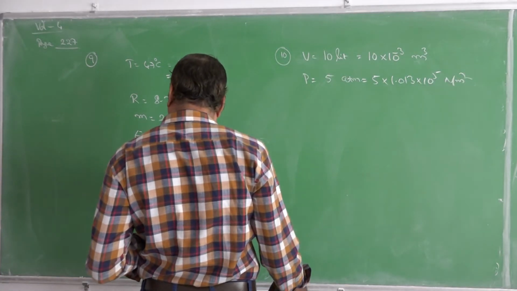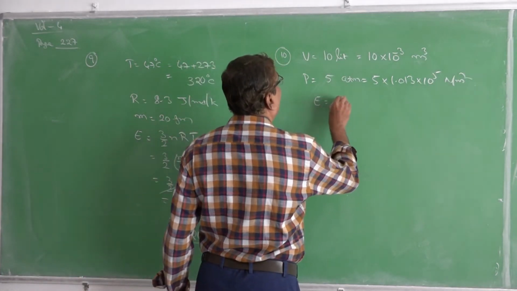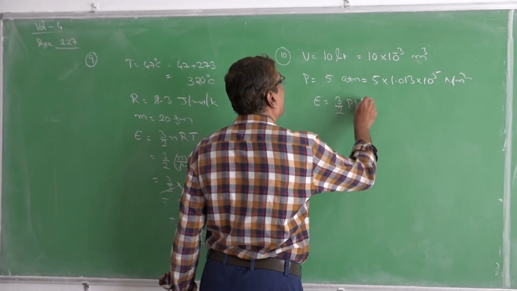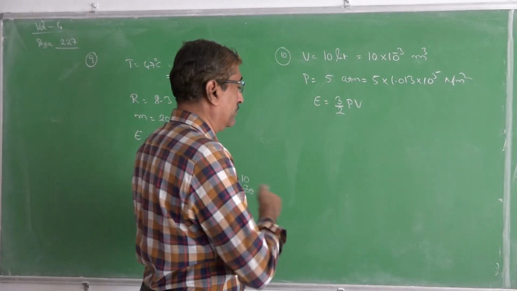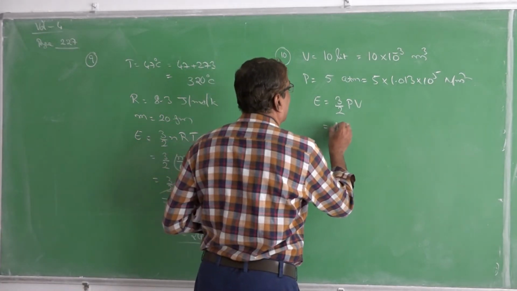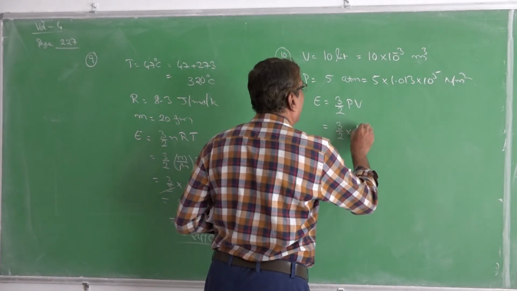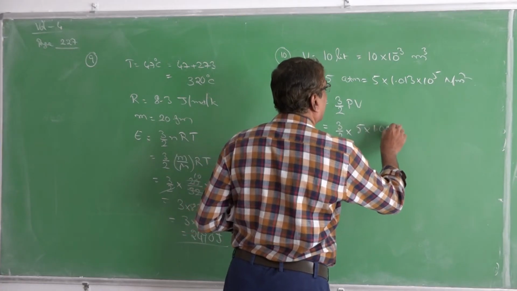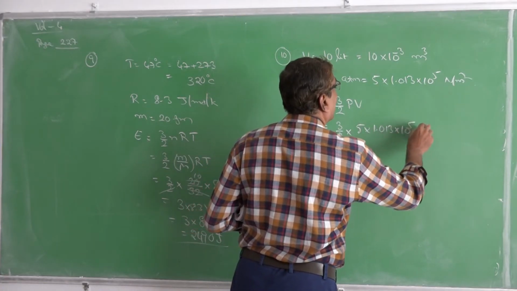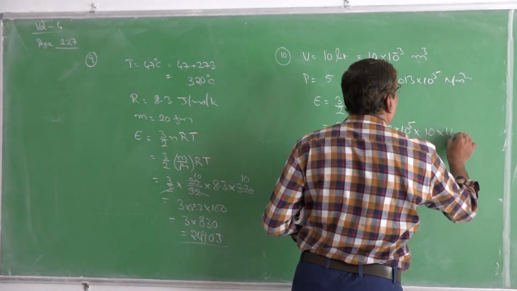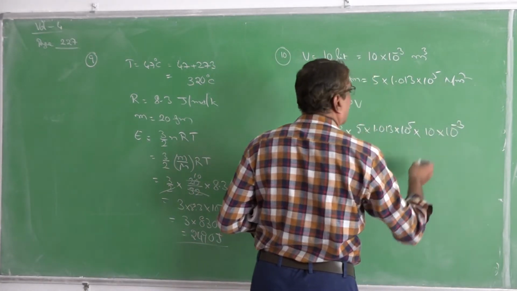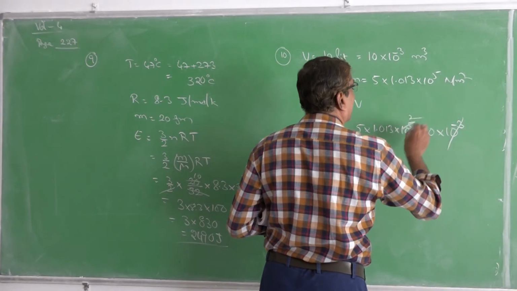Now, the kinetic energy E is equal to 3 by 2 PV. That is 3 by 2 into 5 into 1.013 into 10 power 5 into 10 into 10 power minus 3. So, minus 2 will get cancelled.